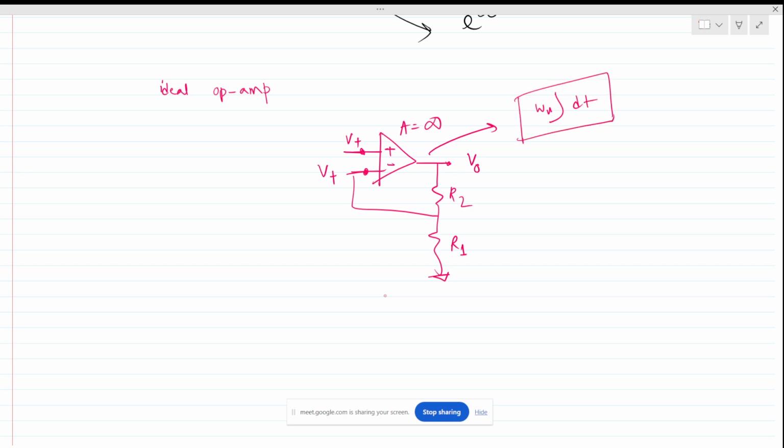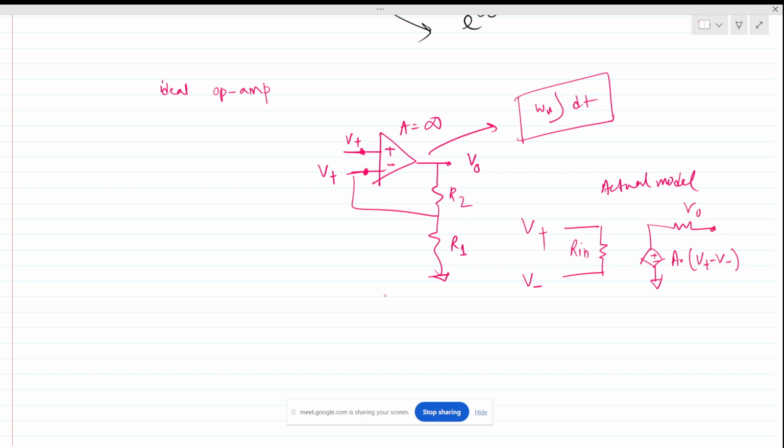So now, the op amp model is nothing but this. The op amp is a voltage controlled voltage source, and this is the actual model. This is R in, this is V plus, this is V minus, and this is A times V plus minus V minus, and this is our output impedance.